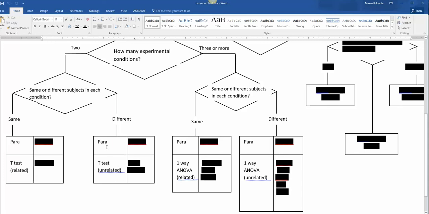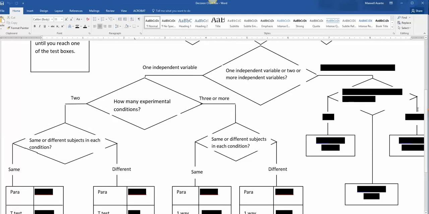It is also a test under the parametric tests. That's why, as you can see, all the tests that we are considering are parametric tests. So if the individuals in the conditions are different, you use the t-test for unrelated samples. It is important to include unrelated. Whereas if it is the same group of individuals being exposed to the two conditions of the experiment, your test will have to be the t-test for related samples.